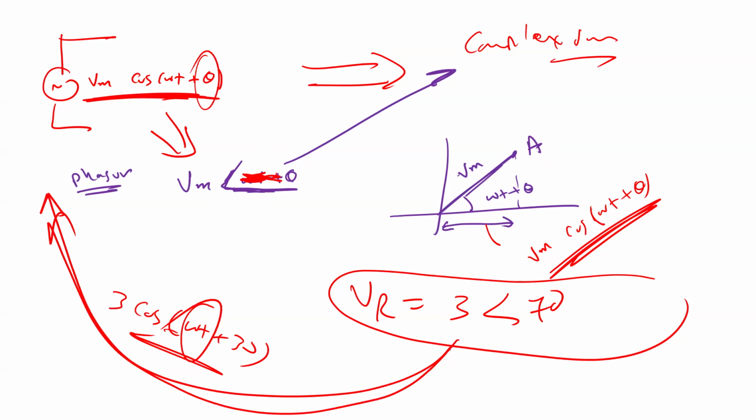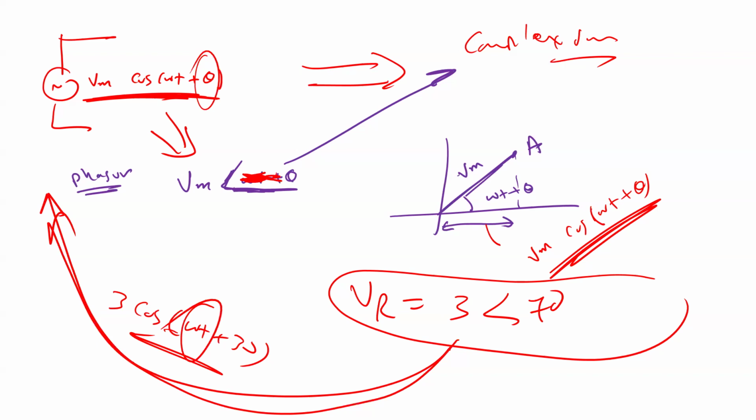Let me say it again. The correct way should be omega t plus theta. But because I know any result I will get should have omega t, why do I need to complicate calculations? I know it will be omega t, so I can remove omega t, and then I can represent this only using Vm and theta.